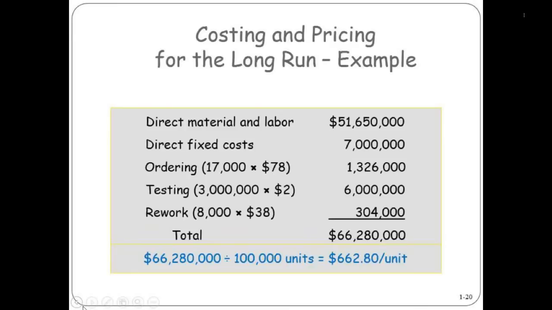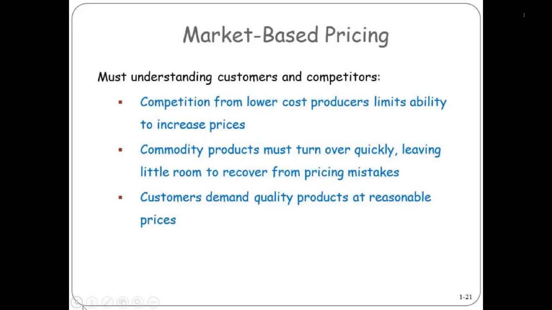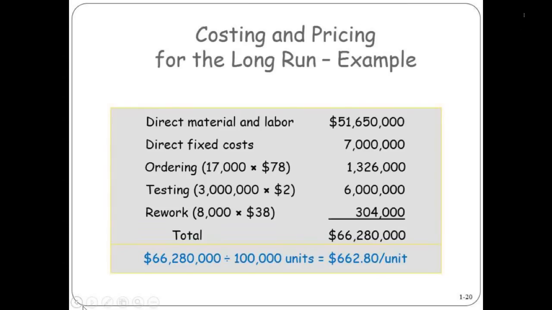Well, there were 100,000 units. It's $662.80 cost per unit. It's because the rework is absorbed by all the units. So we can charge something greater than this. You won't charge less than that for the long run. Remember, we include fixed costs in the long run.